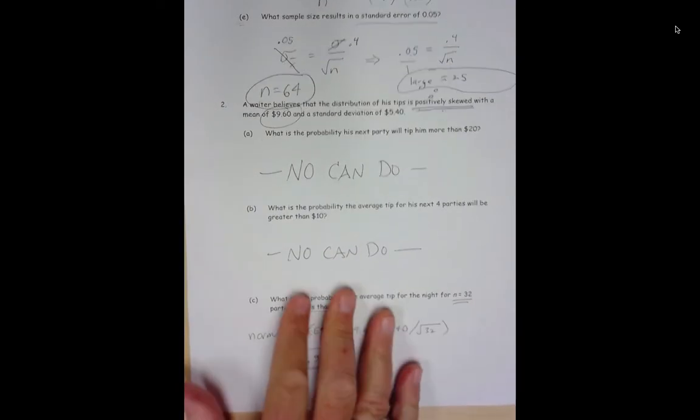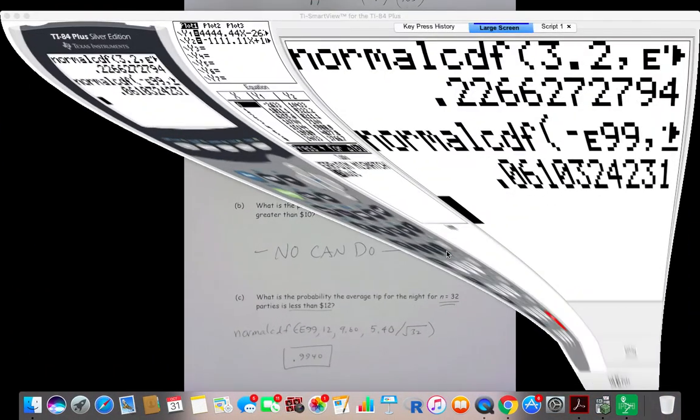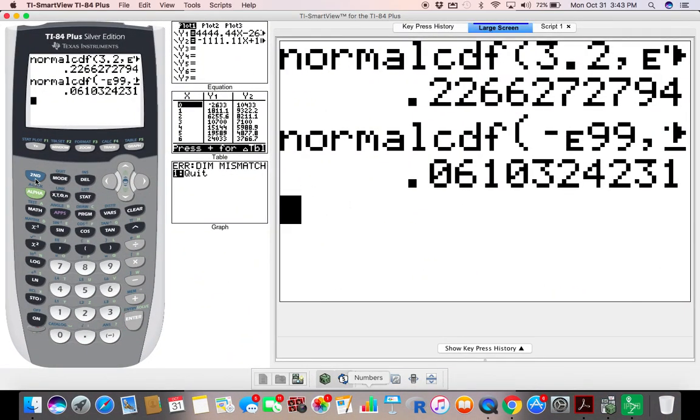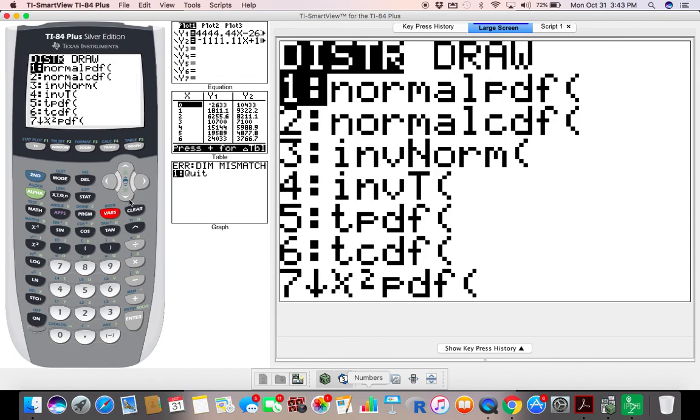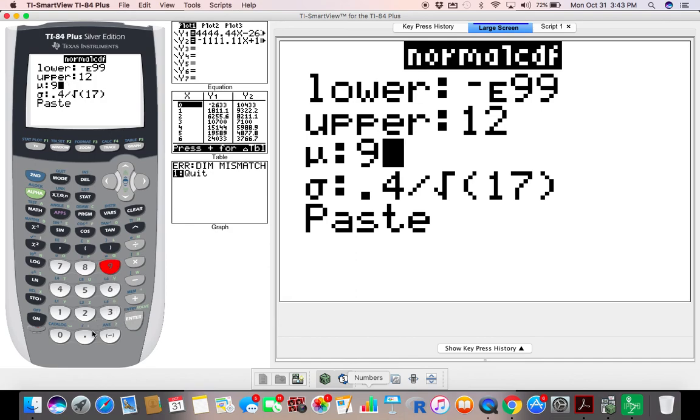All right, well, if you've got the other kind of calculator, just very quickly, how would you work this? Well, you'd use normal CDF. Normal CDF is right there. First thing you'd have negative E99. There's no need to retype that. The upper is 12. The mean number of tips was $9.60.